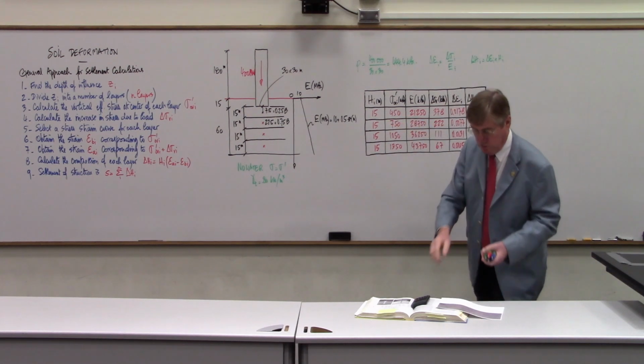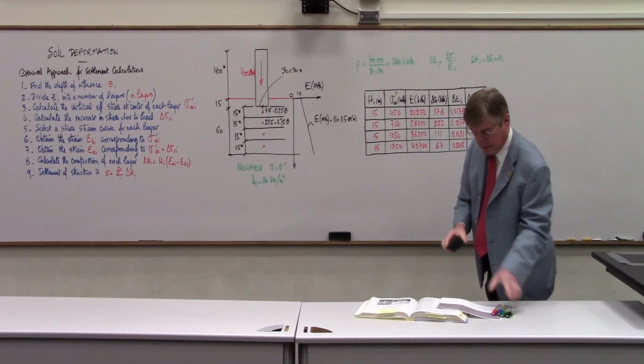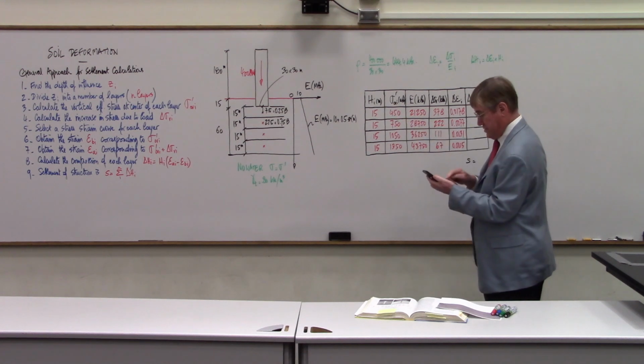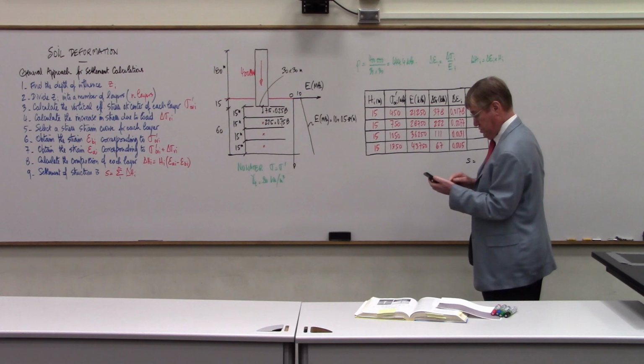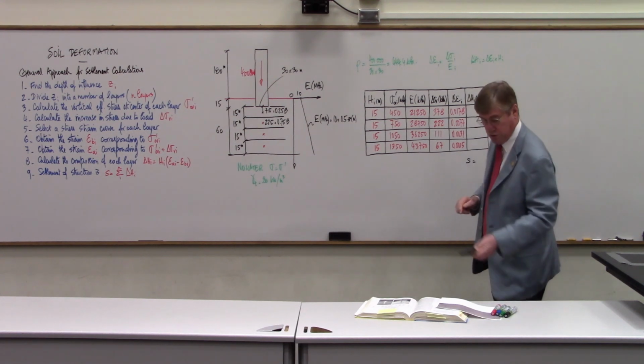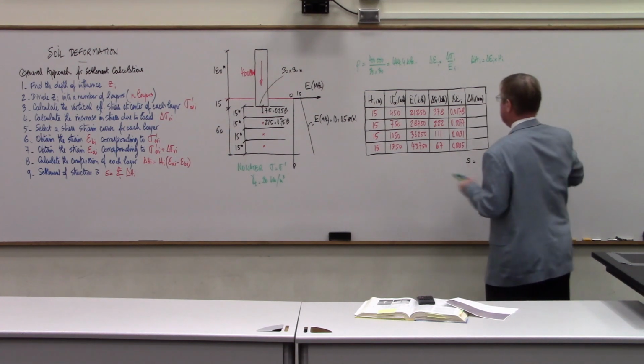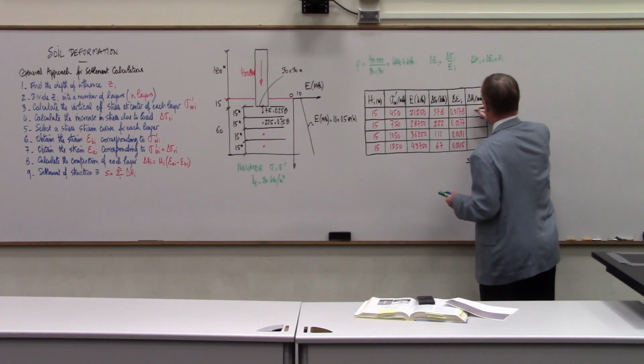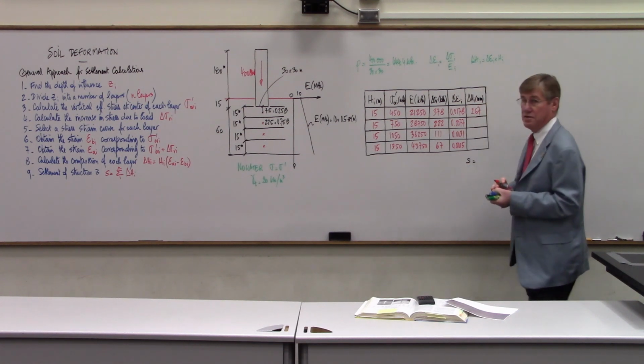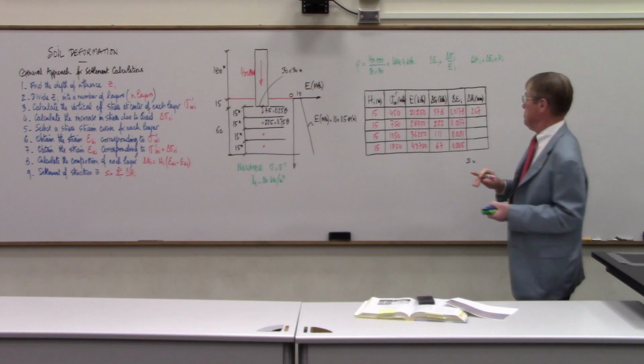So then I have to do 15,000 times 0.0178, and I get 267 as the compression of the first layer. 267 millimeters, about that much.